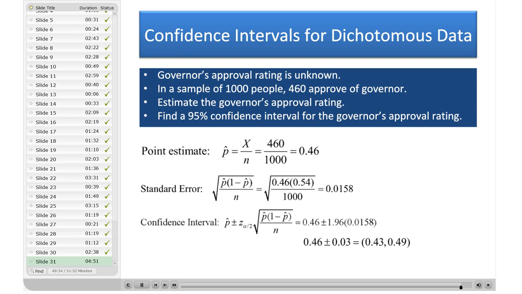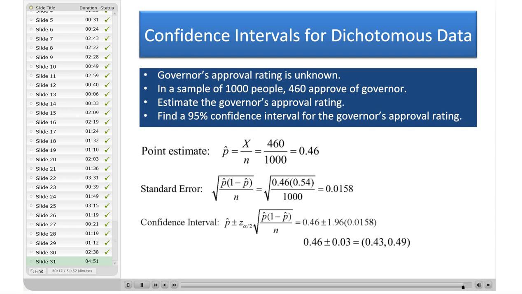Because for a binomial distribution, sigma squared is equal to np times 1 minus p. So if you do a little bit of algebra, it's a little bit complicated, but if you do some algebra, you'll see that this is really just following from the same formula that we use for the population mean.